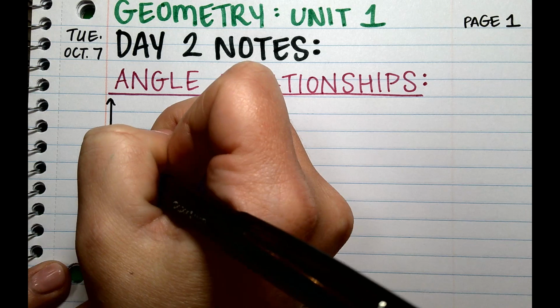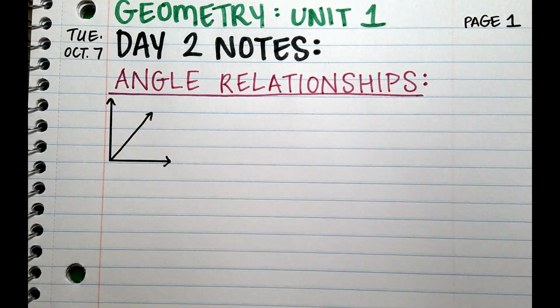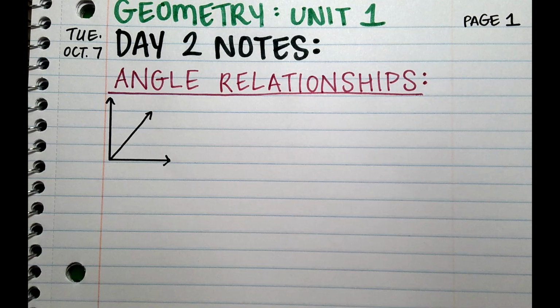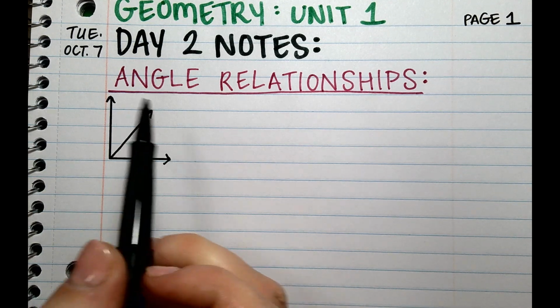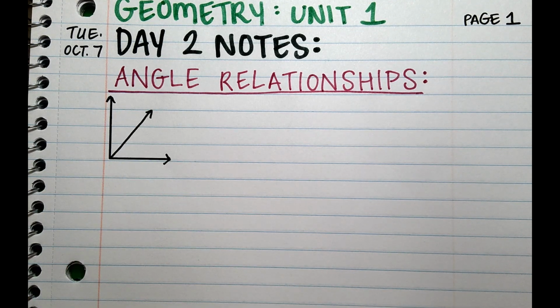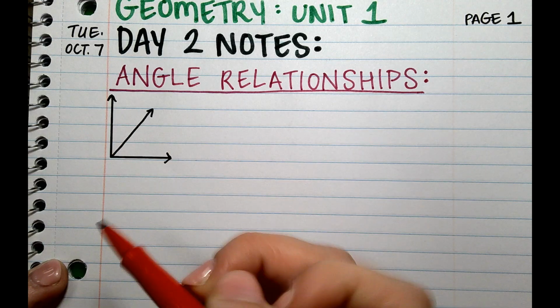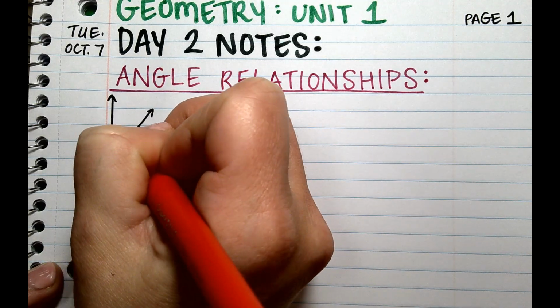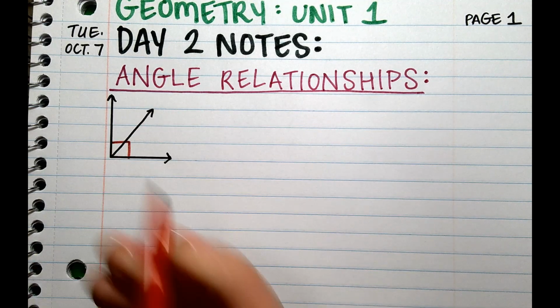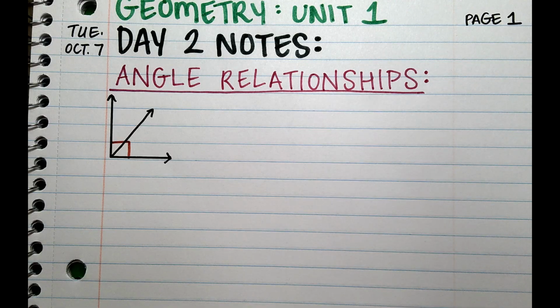And we're going to put a ray coming out of the middle. It does not have to be perfect. It can be a little smaller, a little bigger, doesn't matter. And inside of this right angle we've drawn, we're going to put a big red square, a box like that.